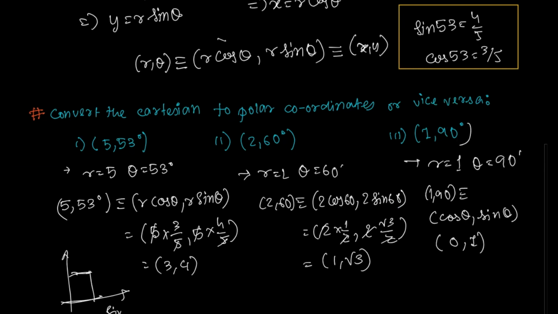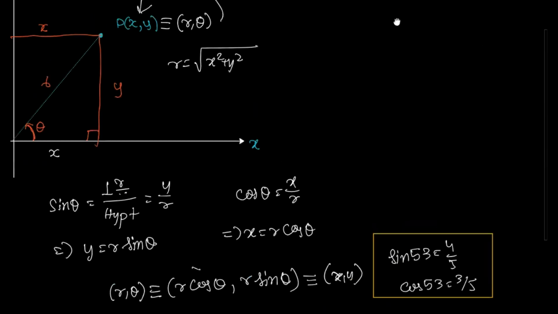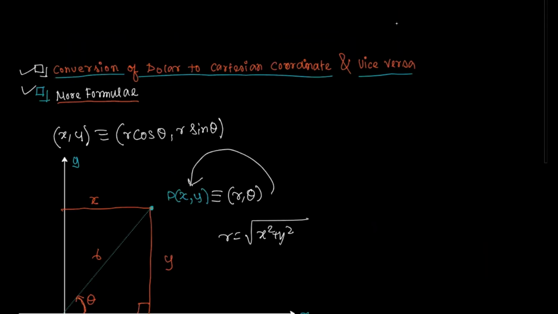Sin theta comes 4 by 5, sorry, 3 by 5 comes, we know that theta equals 53 degrees. Yes? 4 by 5, I'm correct. Theta equals 53 degrees. That's how we have to do them. Reverse, now I'm not doing it because we have other things to do also. Done. Now the next part is more formulae.